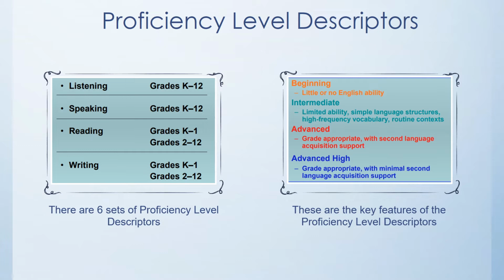Then when they move into an advanced student, these students can do grade appropriate work, but still need that second language acquisition support. These students may get confused with idioms, or more advanced vocabulary will be difficult for them. An advanced high student can also do grade appropriate work, and they need minimal second language acquisition support.